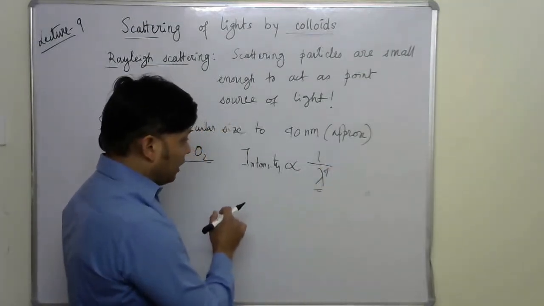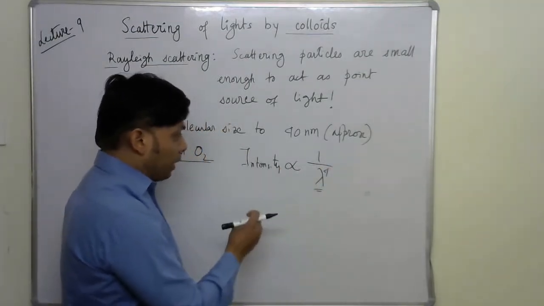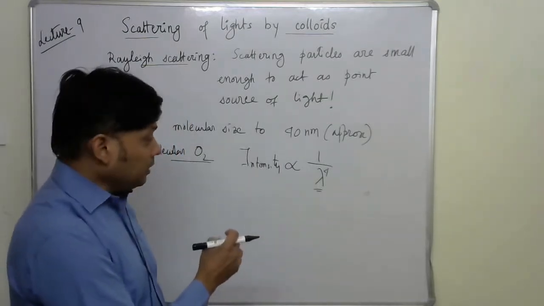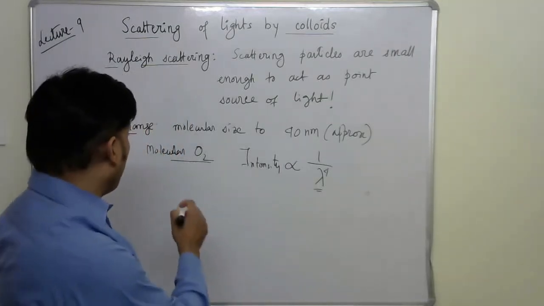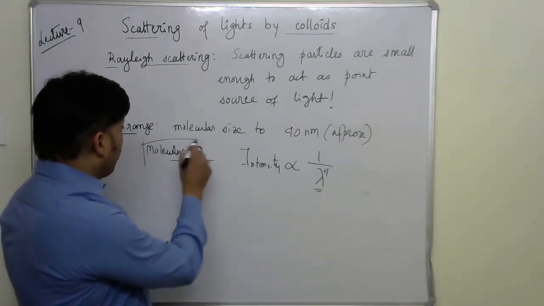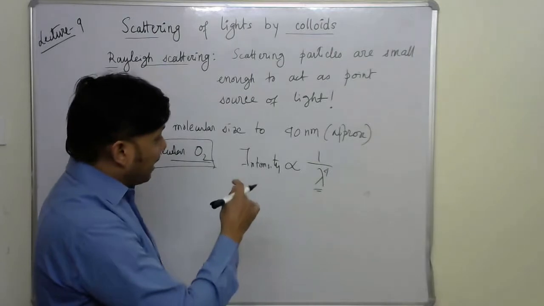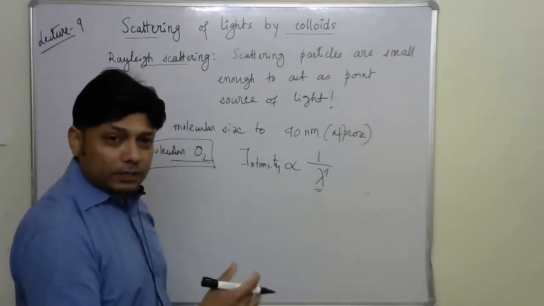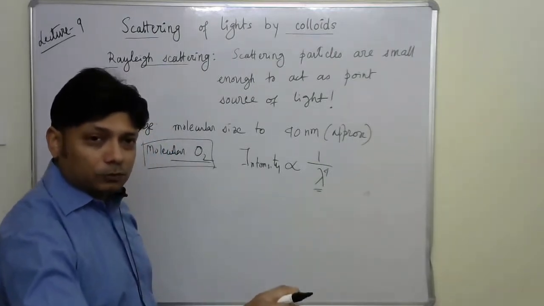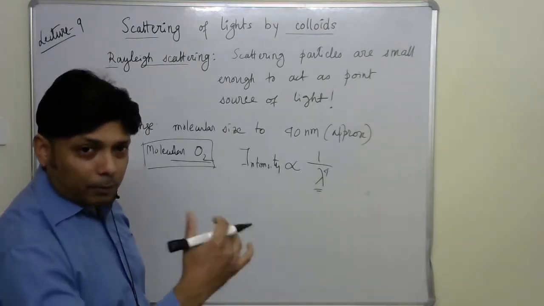Therefore, the probability of blue light getting scattered is much higher. So whenever molecular oxygen scatters light, it can scatter the blue light to a much greater extent than other wavelengths in the white light coming from the sun.